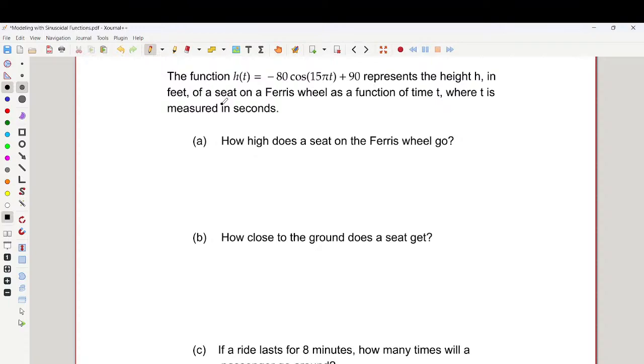So the way we should interpret this, the way we should train our brains to think about this, is since we have a cosine function, regardless of all the other transformations, this thing is just eventually starting at a max, going to a min, going back to a max, to a min, over and over again, going around a Ferris wheel.